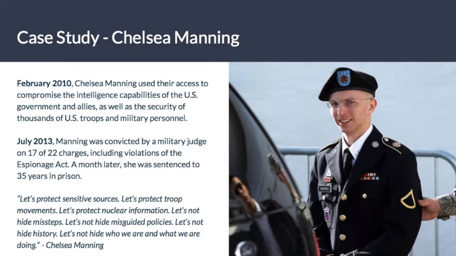Although Manning initially enlisted in the military to contribute to the greater good of national security, she grew increasingly disenfranchised by the violent acts committed by the U.S. troops in Iraq and Afghanistan and the limited public awareness of these acts. By the end of 2009, she had started logging on to Internet Relay Chat conversations devoted to the website WikiLeaks.